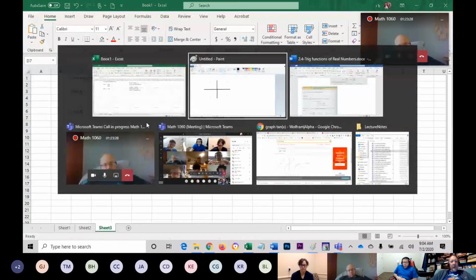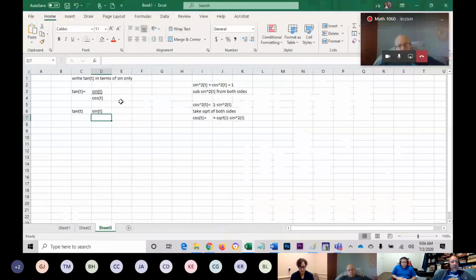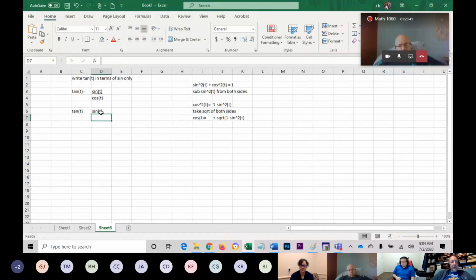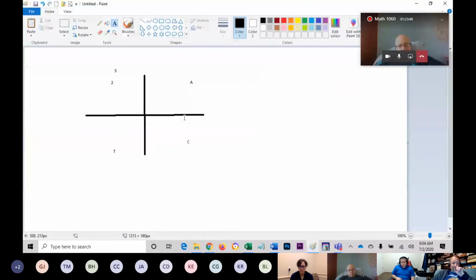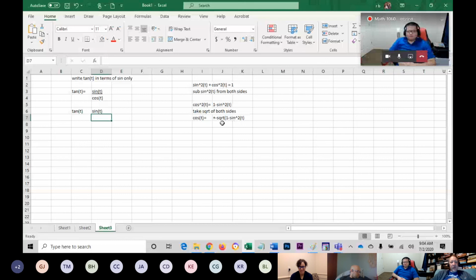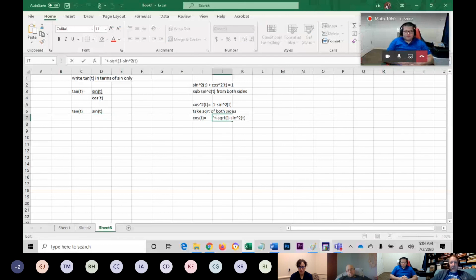Okay. Now, in my problem, I've limited myself to quadrant 2. So when I'm talking about the sine function, is the sine function positive or negative in quadrant 2? Positive. It's positive, okay? So in quadrant 2, I can actually get rid of this negative because in quadrant 2, it's always going to be positive.